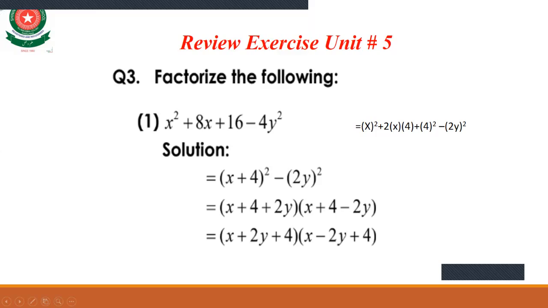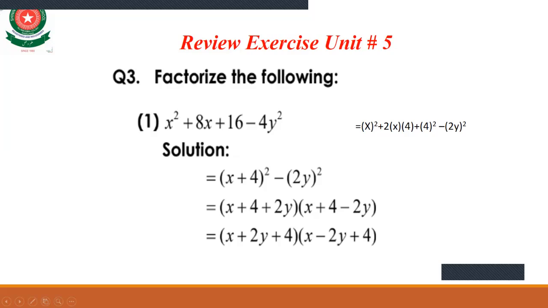This is our first step and the second step is the same. We have just dissolved it into a formula. You can write 4y square as 2y whole square. A square plus 2ab plus b square is equal to a plus b whole square, so x plus 4 whole square minus 2y square.